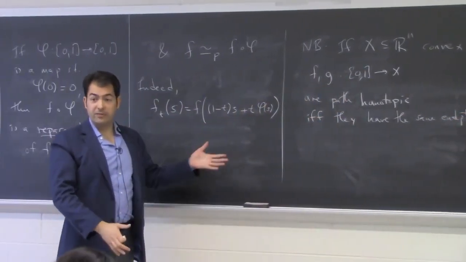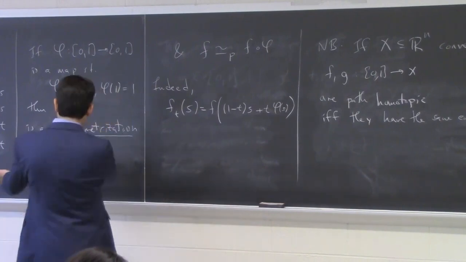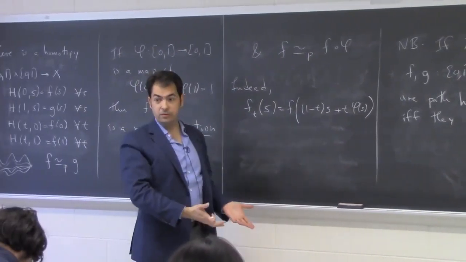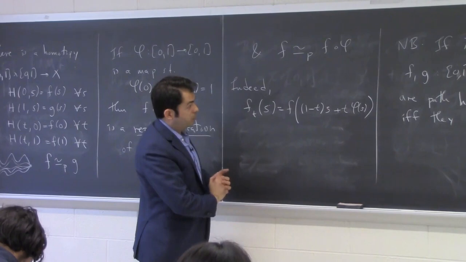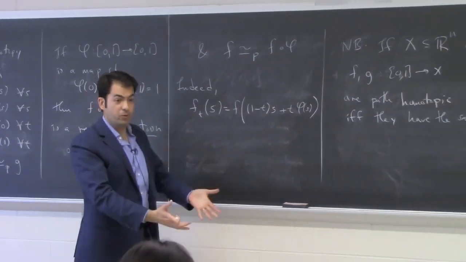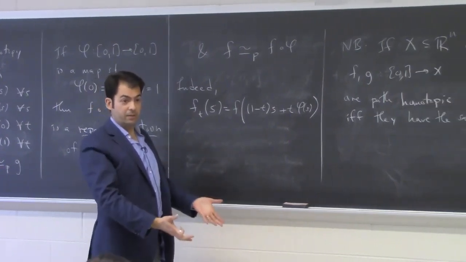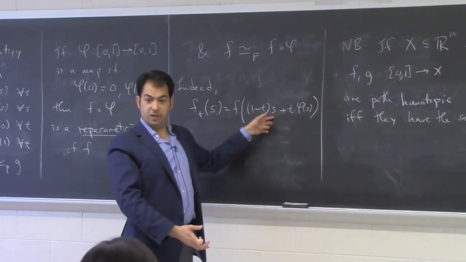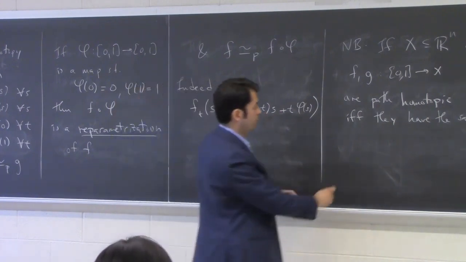Obviously, if they are path homotopic, then by the definition of path homotopy, they have to have the same endpoints. But the cool fact is that if they have the same endpoints, then they are indeed path homotopic. You can just take a convex combination to check that.